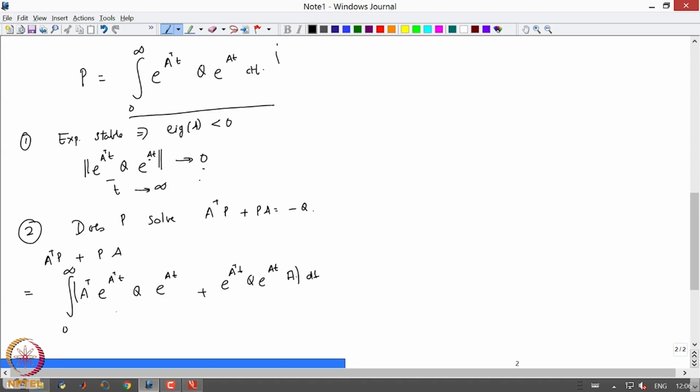Closely look at this quantity inside the bracket. This is essentially d by dt of e power A transpose t Q e power A t.